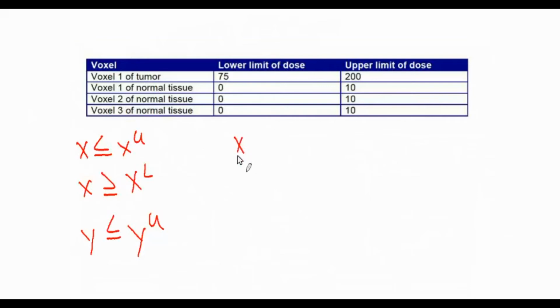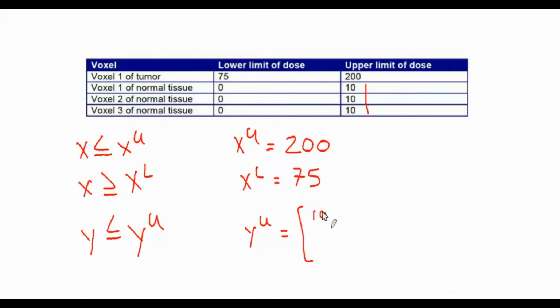So x superscript u is the upper bound for the dose to the tumor voxel, and that happens to be 200. The lower bound, x superscript l, is 75. And then the upper bounds on the normal tissue voxels are given right here. So y superscript u is just the 3-element column vector of 10, 10, and 10.